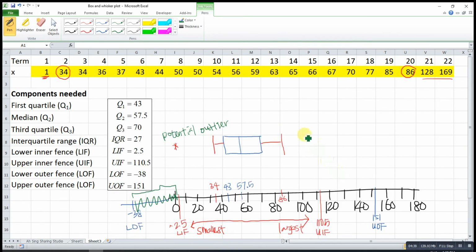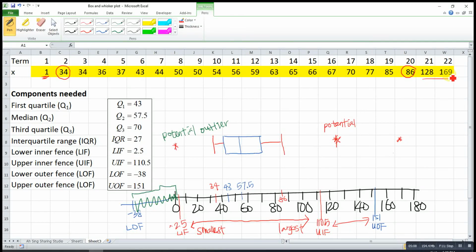Then we do the two values here, 128. Somewhere around here, and we mark here. Then 169 is somewhere around here, and we mark here. This point is within this range, so we can say it's only a potential outlier.